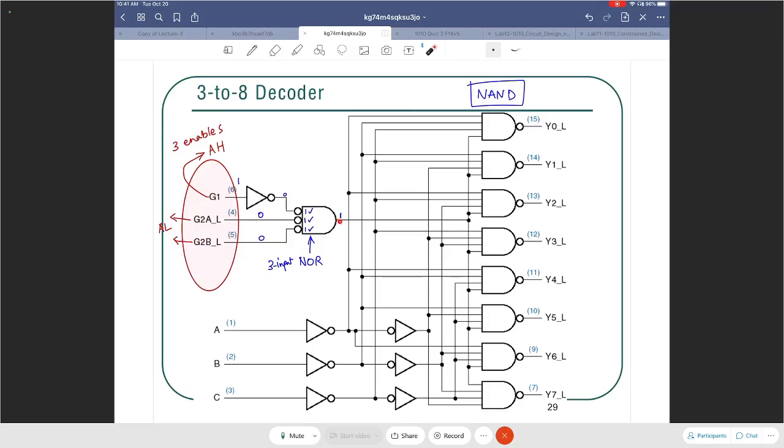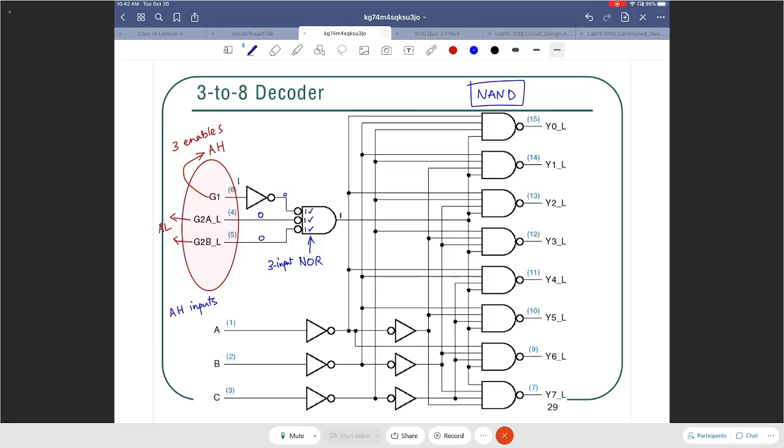Now this particular master enable line is going to be connected to the input of all the 8 NAND gates. Now let's take a look at this. What are the inputs? ABC. Inputs are still active high. So you have active high inputs called ABC. What about the outputs?